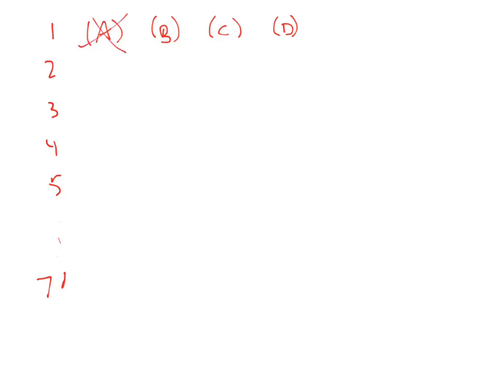I will also give you a piece of paper that will list 1, 2, 3, 4, etc., all the way through to 70. And next to those, I will have A, B, C, D. If you go through the test and you don't know what answer is correct, but you know what answers are wrong, cross them off.